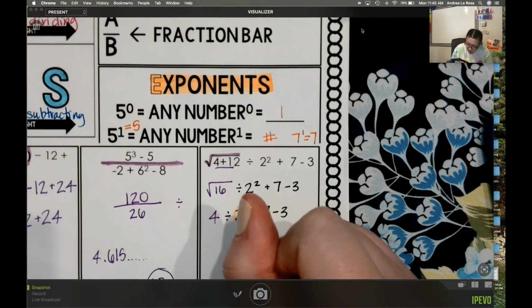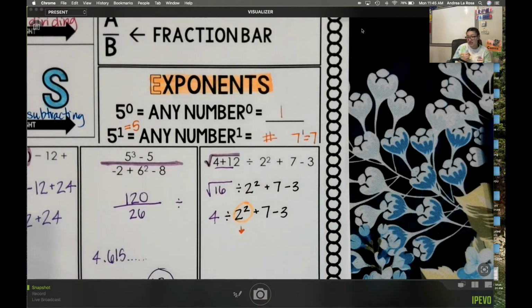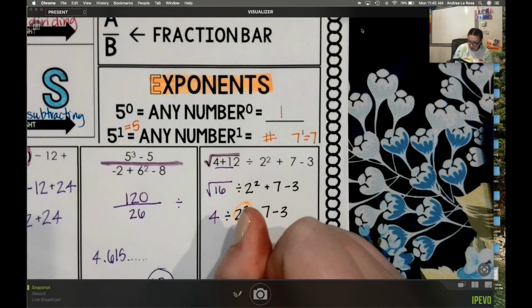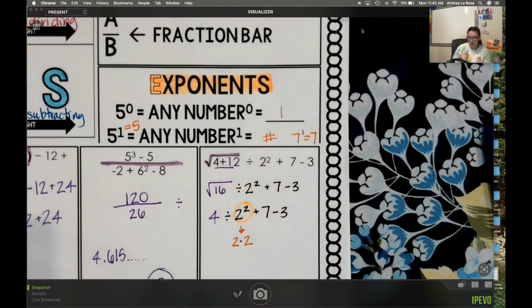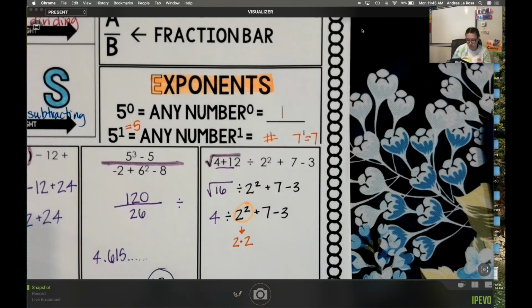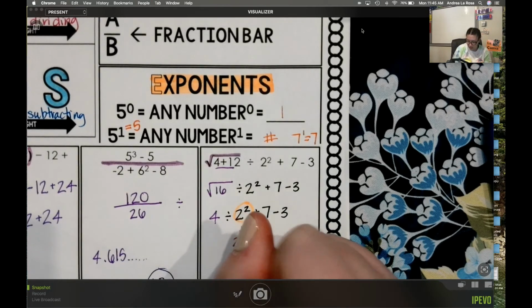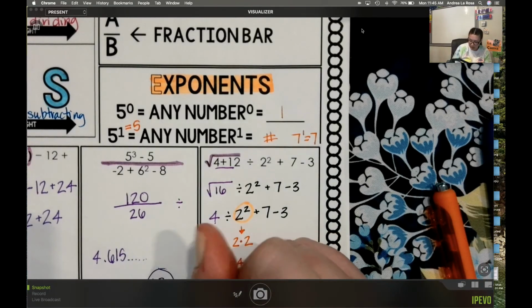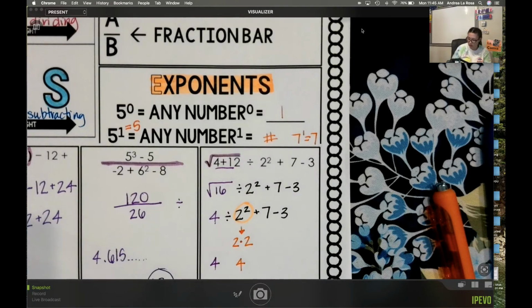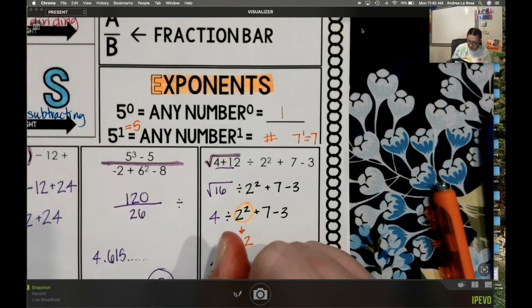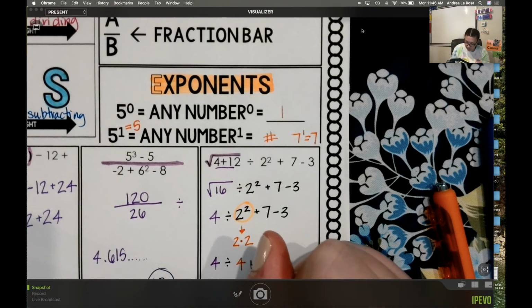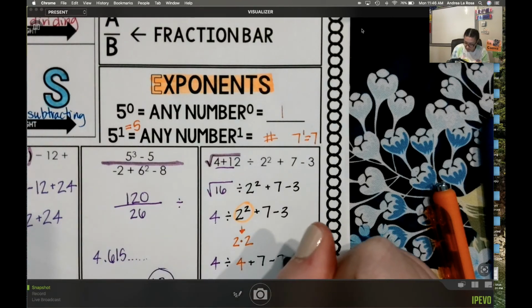Remember, 2 to the second power means that I have 2 times 2. I multiply that big number that many times. So I multiply 2 times. What is 2 times 2? 4. So now I have that 4 from before divided by our new 4 plus 7 minus 3.